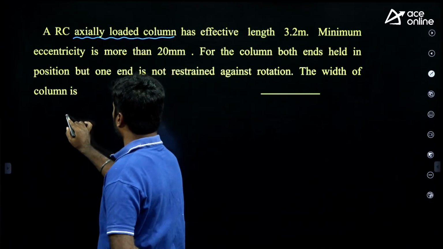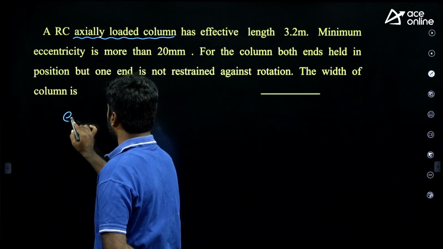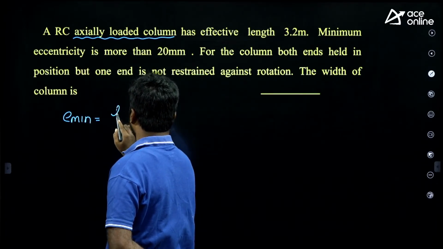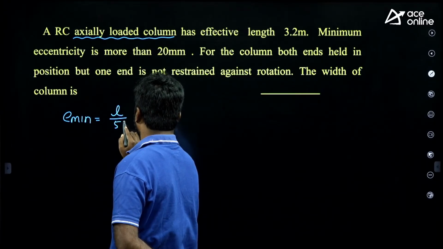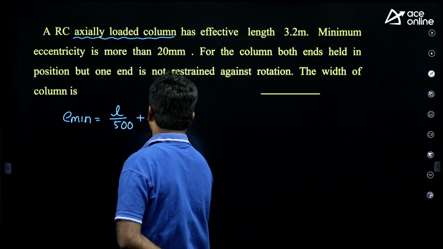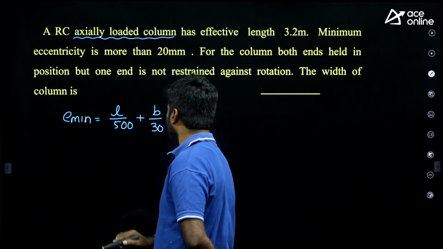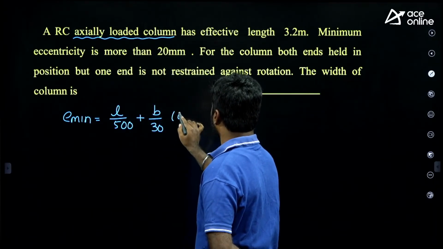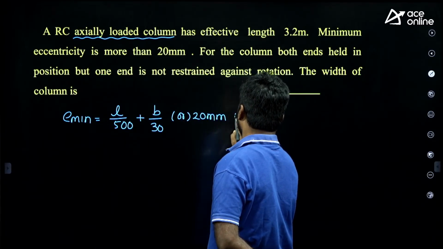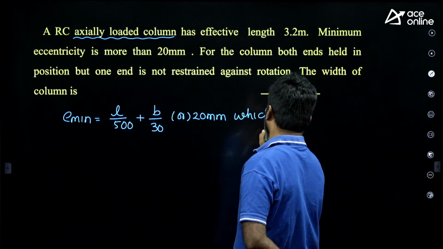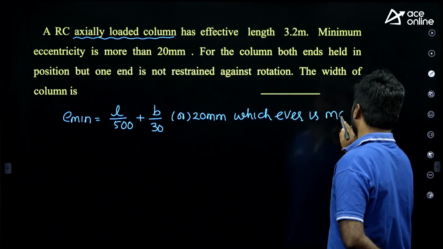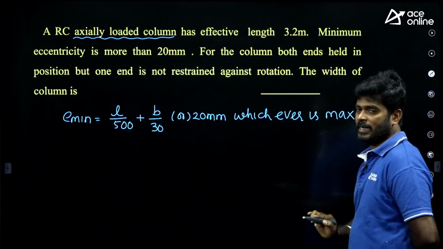First of all, what is the minimum eccentricity? E minimum equals unsupported length of column upon 500 plus lateral dimension upon 30, or 20 mm, whichever is maximum.